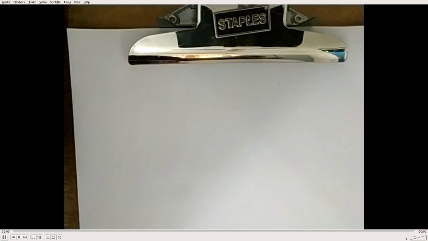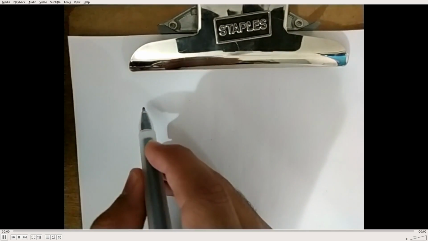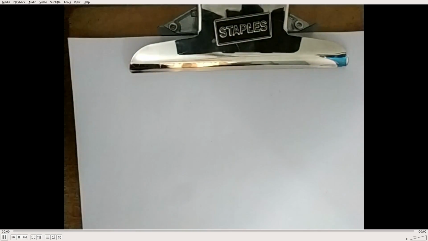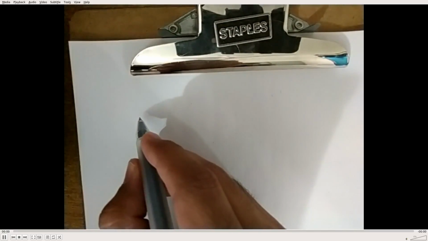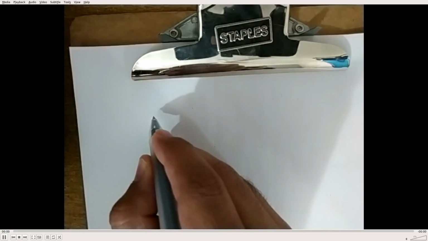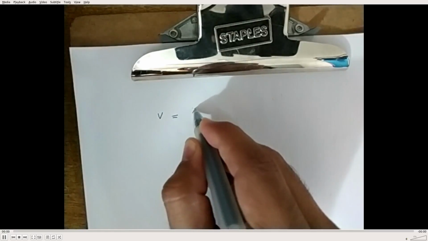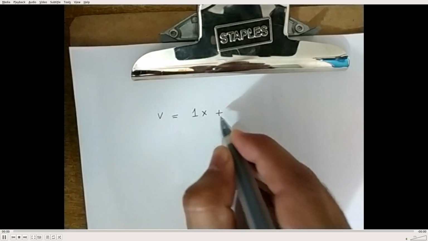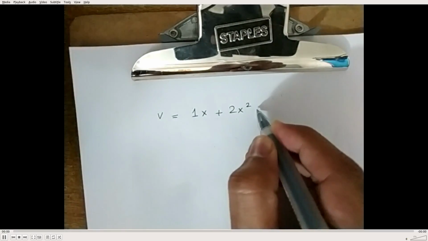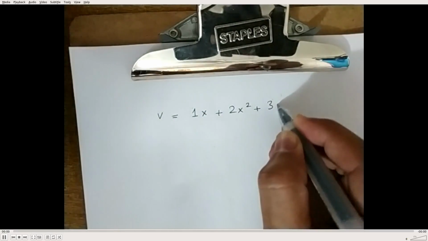The idea is, let's suppose I was working with some polynomials. Let's call this vector v as x plus 2x squared plus 3x cubed.